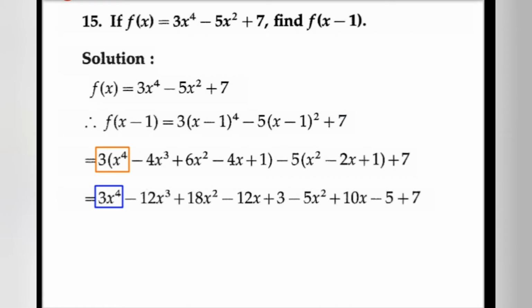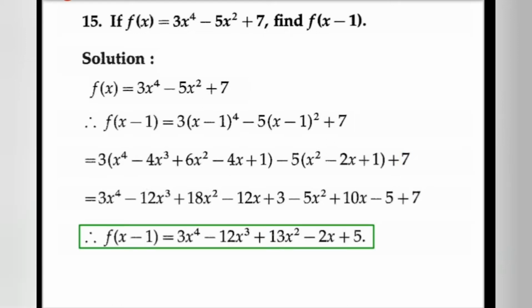So it is equal to 3x raised to power 4 minus 12x cube plus 18x square minus 12x plus 3, minus 5x square plus 10x minus 5 plus 7. Therefore, f of x minus 1 is equal to 3x raised to power 4 minus 12x cube plus 13x square minus 2x plus 5.